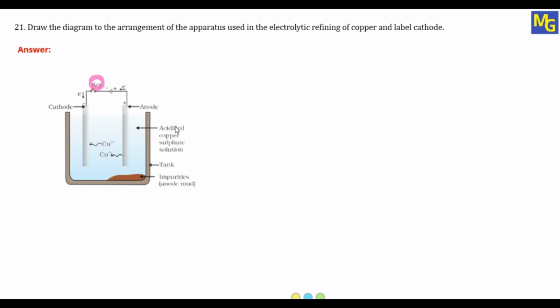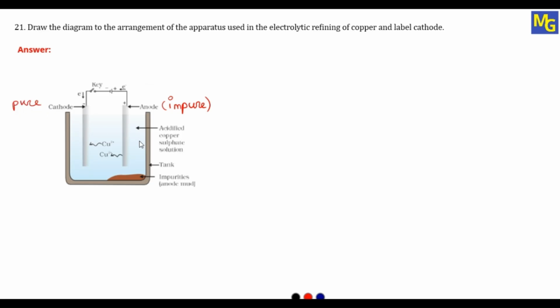In this, we are going to take one electrode as anode and one electrode as cathode. The anode will always be impure, and the cathode will always be pure.